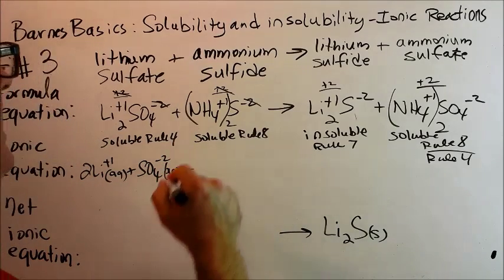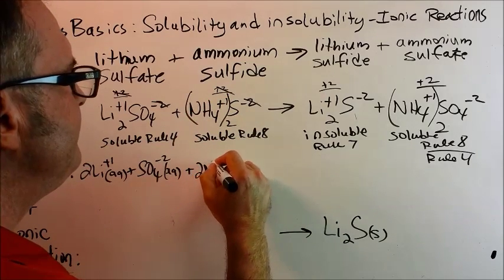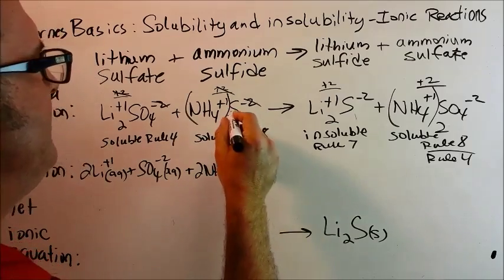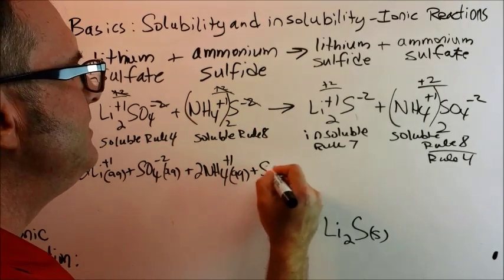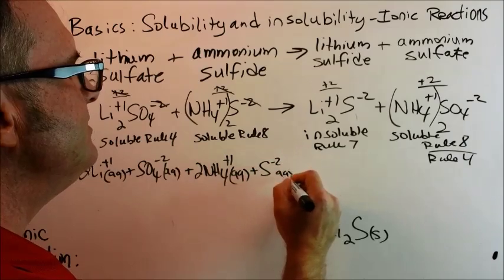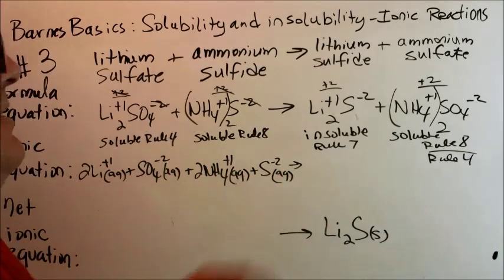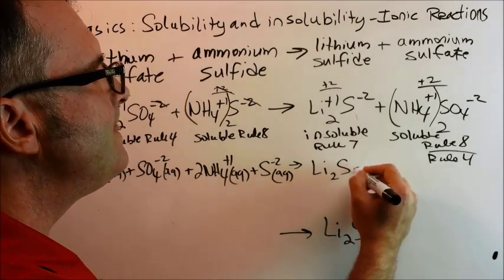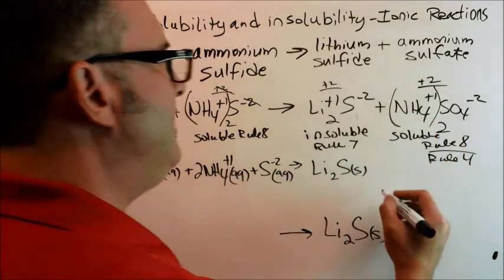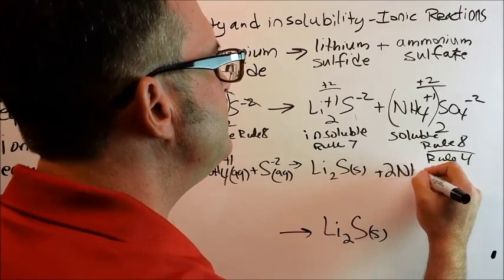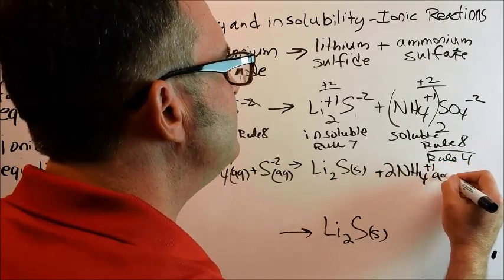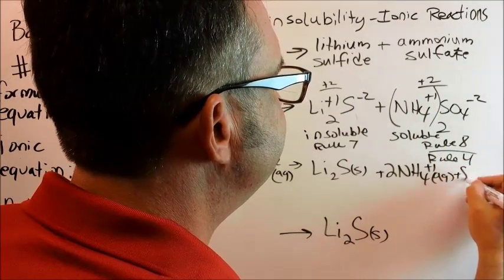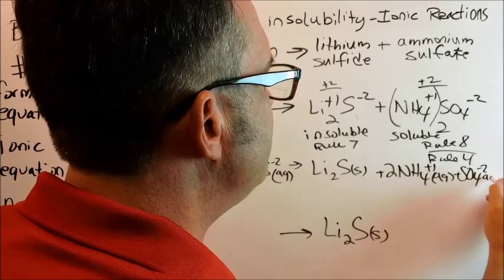We are going to have 2 ammoniums in aqueous solution. We're going to have 1 sulfide in aqueous solution. And this is going to yield the insoluble lithium sulfide. And then we're going to have 2 ammoniums in an aqueous solution, and then 1 sulfate in an aqueous solution.